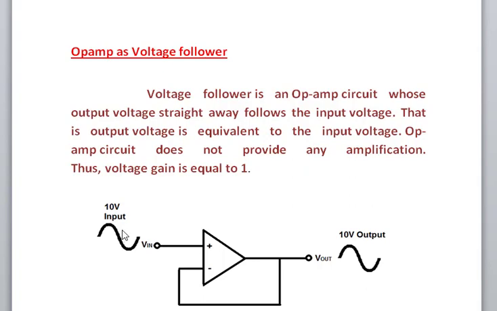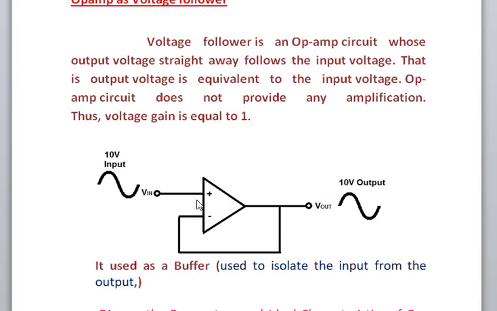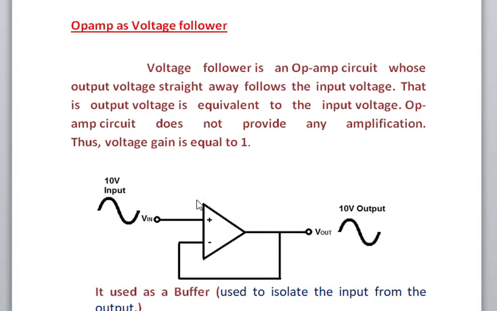That is, the output voltage is equal to the input voltage. It does not provide any amplification, so its gain is equal to 1. It is also called a buffer. What are the uses of the buffer? It is used to isolate the input from the output.